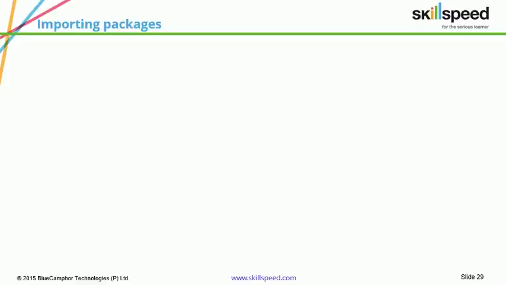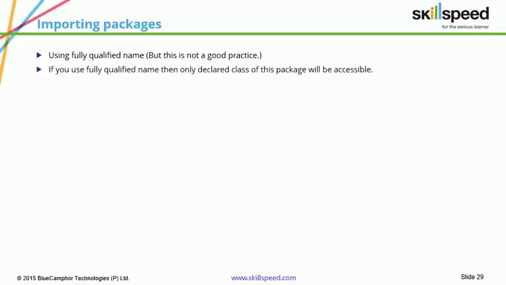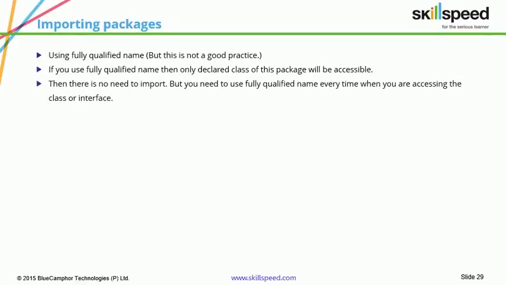Let us discuss the first one, using the fully qualified name. This is an acceptable or legal solution but is not considered good practice. When we use a fully qualified name, only the declared class of this package will be accessible. Then there is no need to use the import statement, but you need to use the fully qualified name every time when accessing the class or the interface.